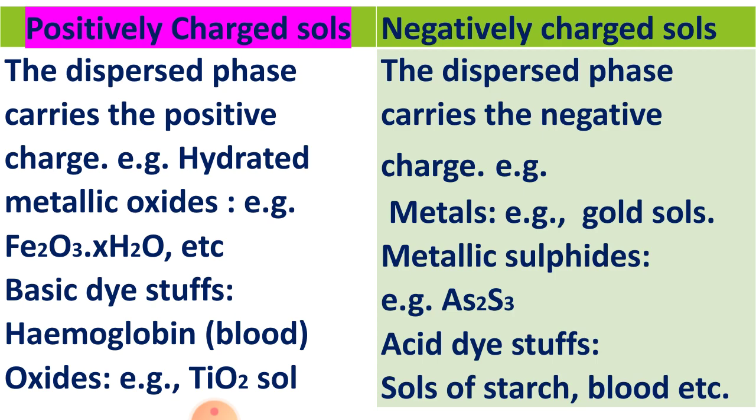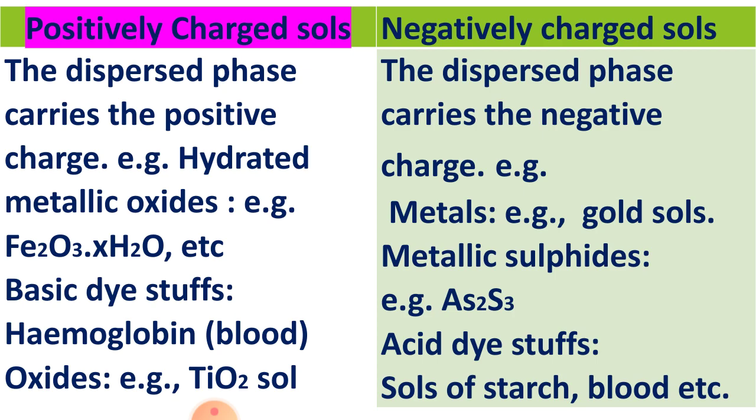Acid dyes such as eosin, Congo red sol, these also acquire negative charge. Some more examples are given here: the sol of starch, blood, gum, gelatin, clay, charcoal, egg albumin. These are also examples of negatively charged sols.